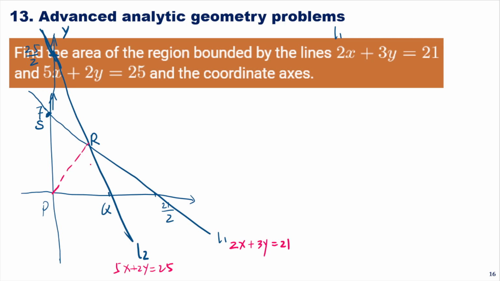So the graph of 5x plus 2y equals 25 intersects the x-axis at point Q. We already know point Q has coordinates 5, 0.